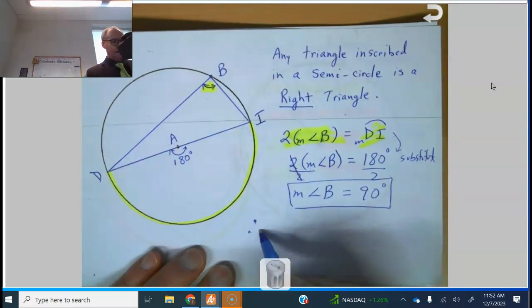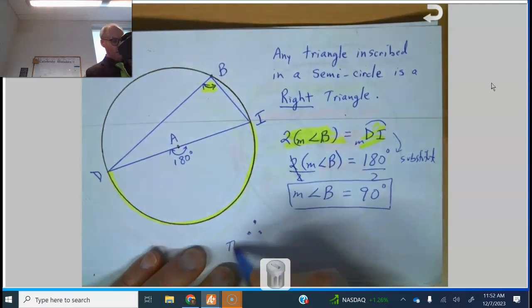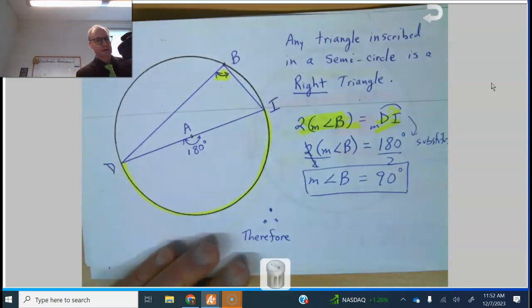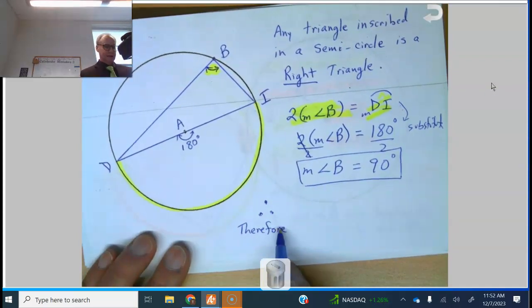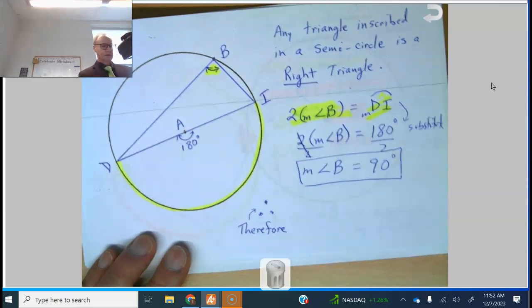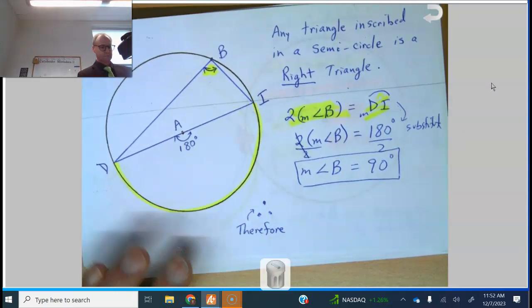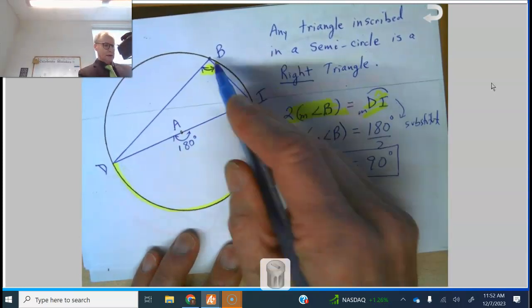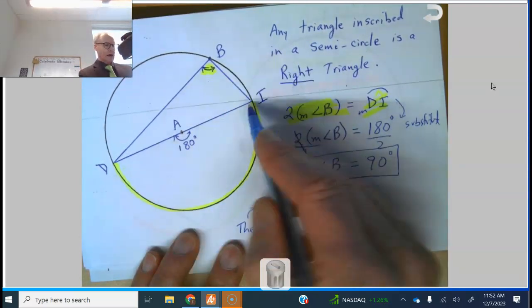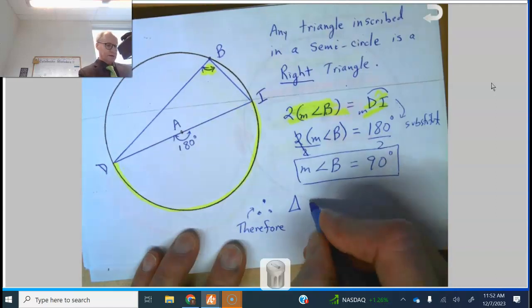These little 3 dots stand for therefore. When you're making proofs and you want to prove something, this is your last statement. This says therefore right there. That's what those little dots mean. Triangle DBI or IDB, it doesn't matter what you call it.